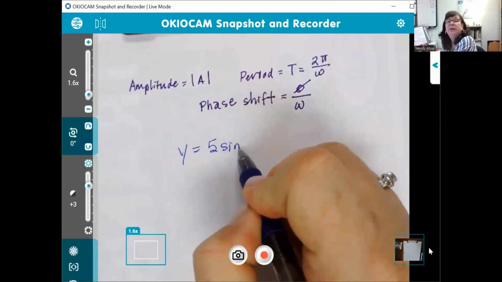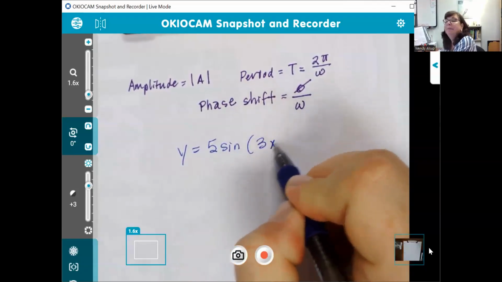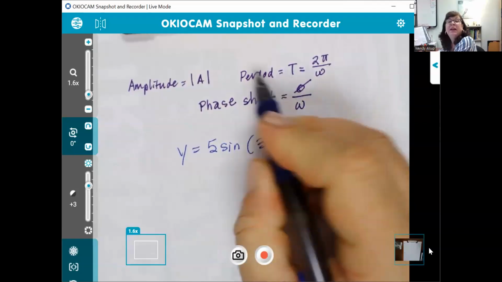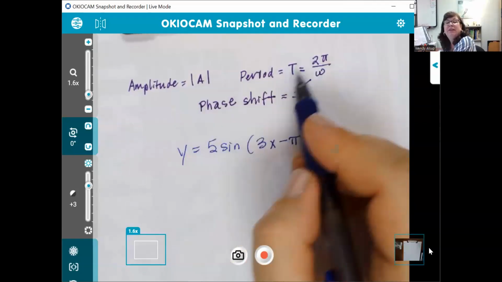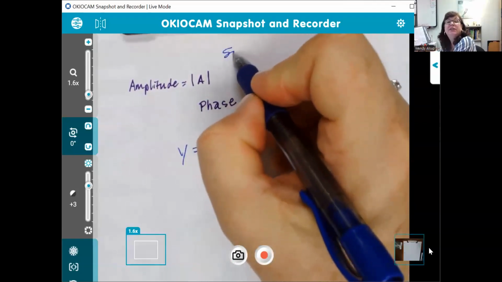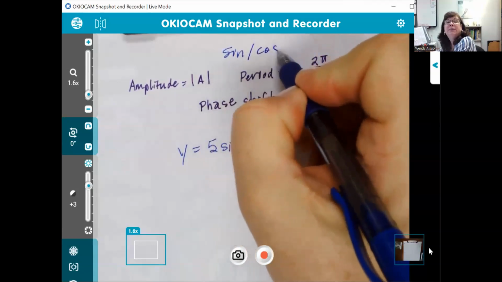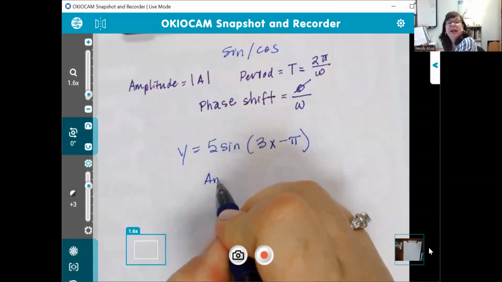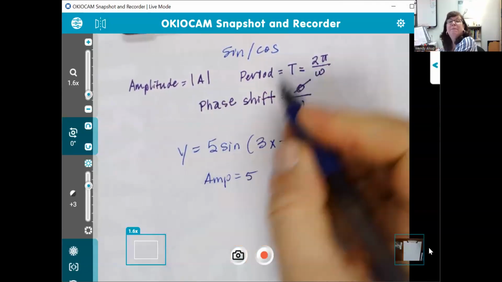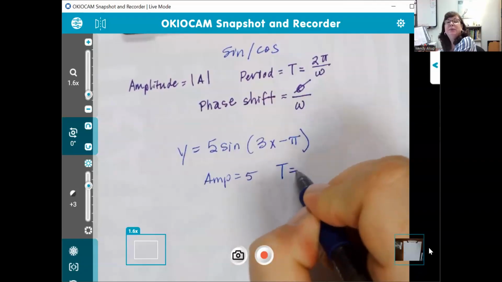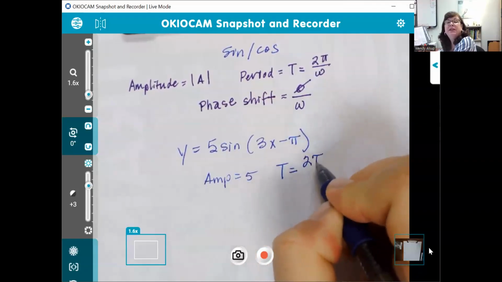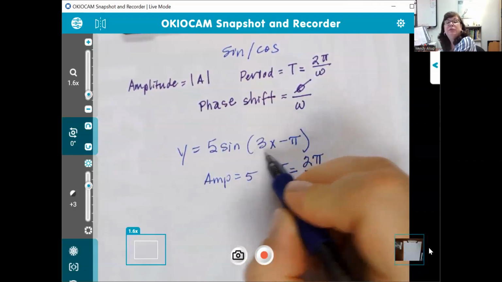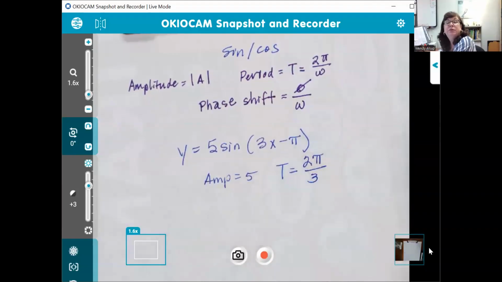These are my formulas for sine and cosine: the amplitude, the period, and the phase shift. My amplitude then is 5. My period, my T, is going to be 2 pi divided by the omega, which is 3. So 2/3 pi will be my new period.